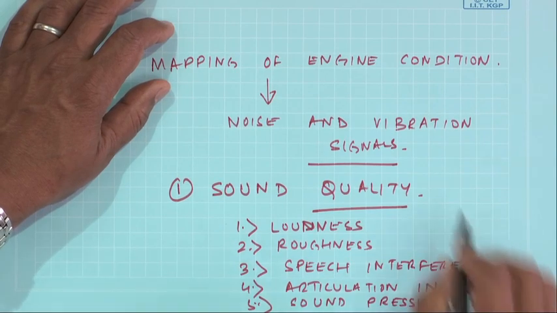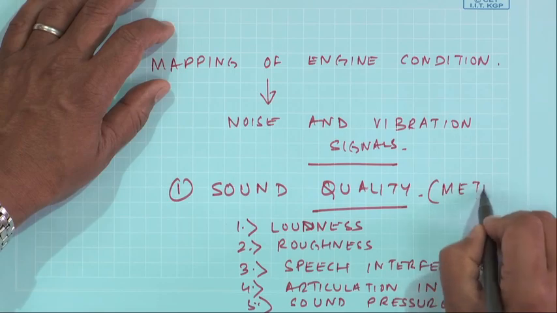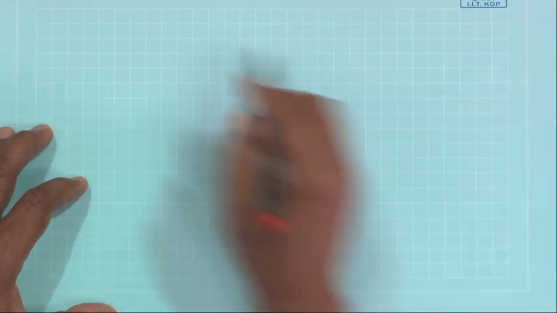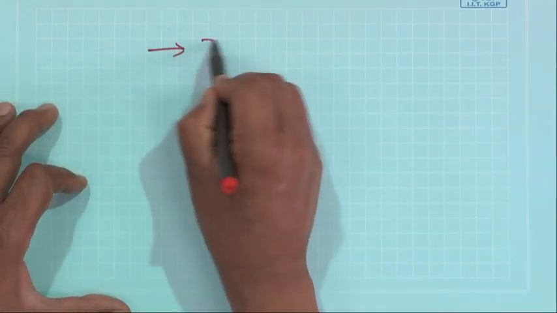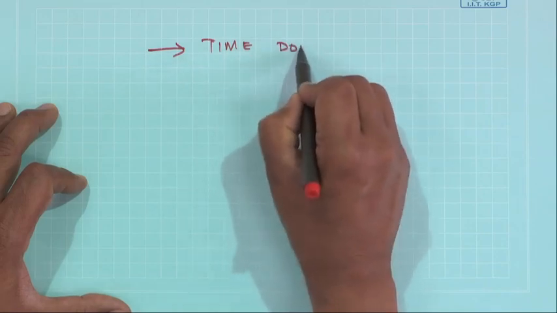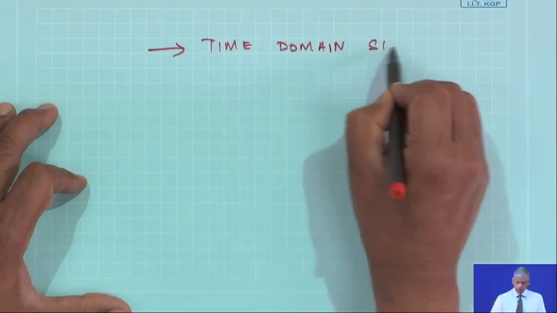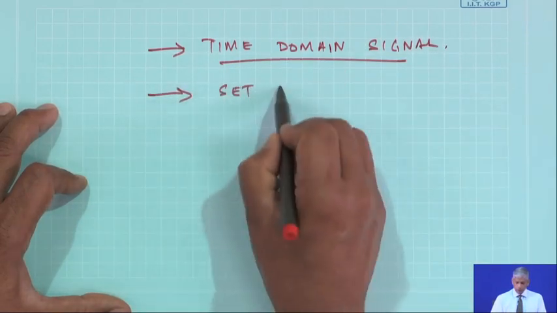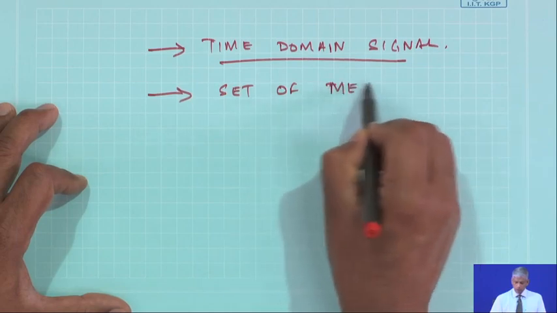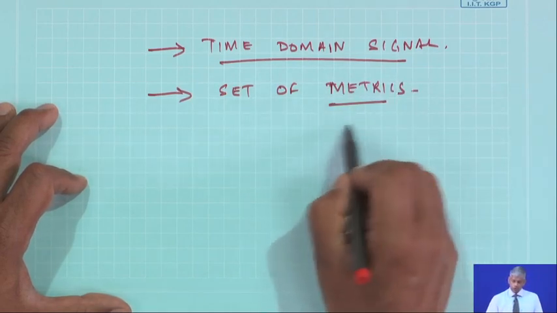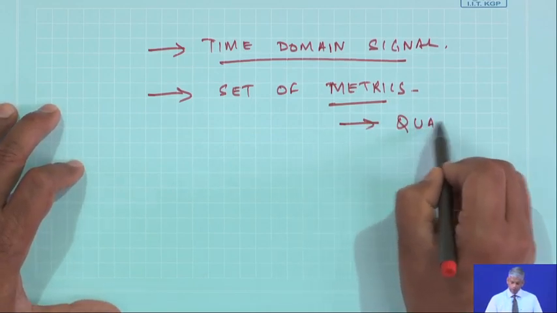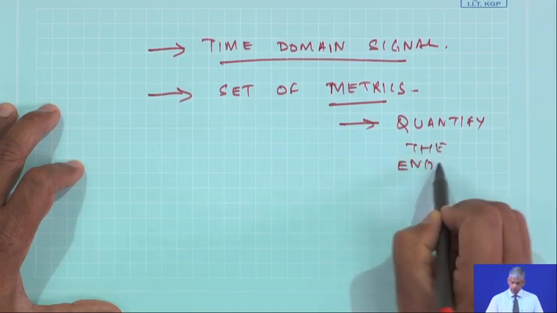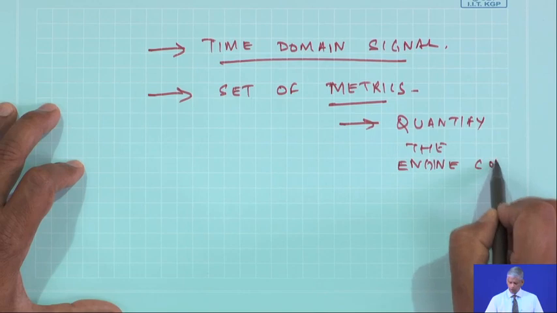So, there are sound quality metrics which can be measured from the time domain signal, and you can have a set of metrics which will quantify the engine condition.